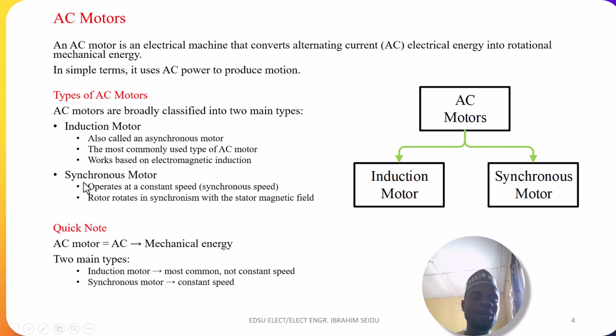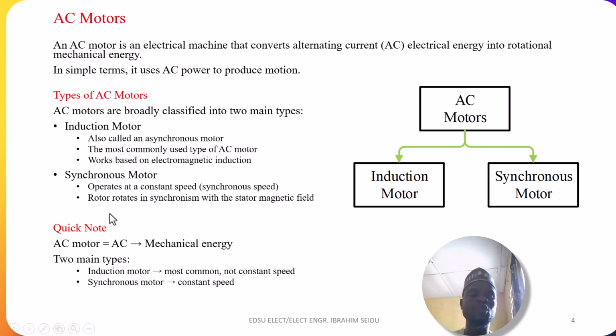It means the rotor speed and the magnetic field speed are not in synchronism. And we also have the synchronous motor. A synchronous motor operates at constant speed, or what you call synchronous speed. It means the rotor rotates in synchronism with the stator magnetic field. So because of that, we call this type of motor a synchronous motor.